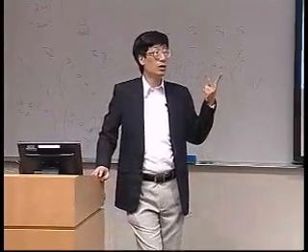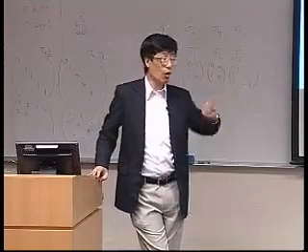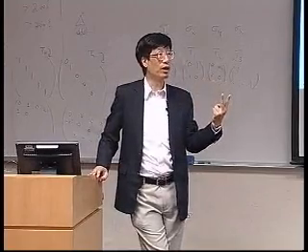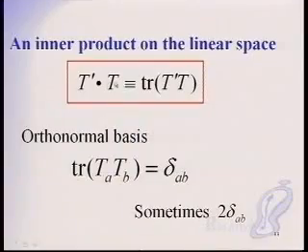You can check that this satisfies all the rules you need for an inner product. It's linear in this one, it's linear in that one, and it's a real number, okay? Because the product of two Hermitian matrices is still Hermitian, I think. And for the trace of a Hermitian matrix, the diagonal entries are real, okay?